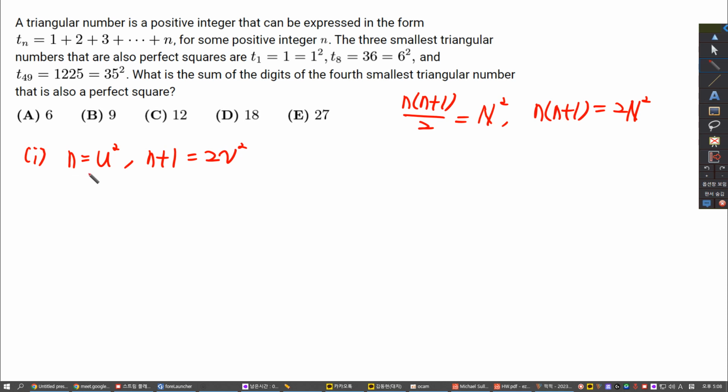And because n and n plus 1 are relatively prime, n plus 1 is an even number because of this 2. That means n should be an odd number. And if n is an odd number, u should also be odd because odd times odd is odd. So we can think of odd numbers for the candidates of u like this.